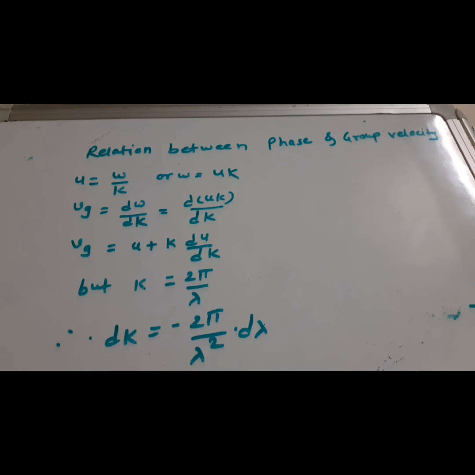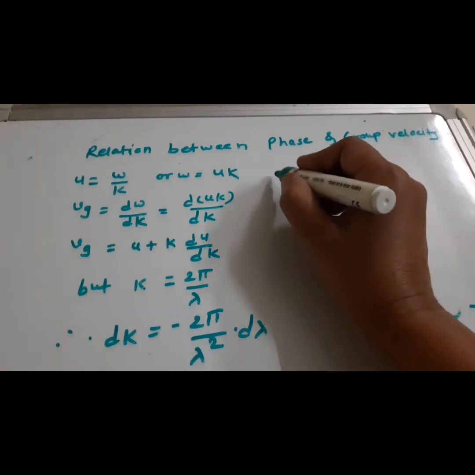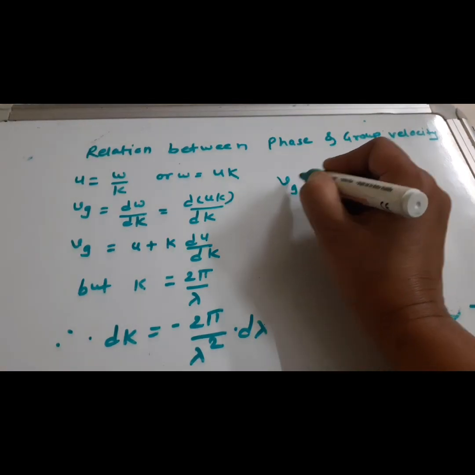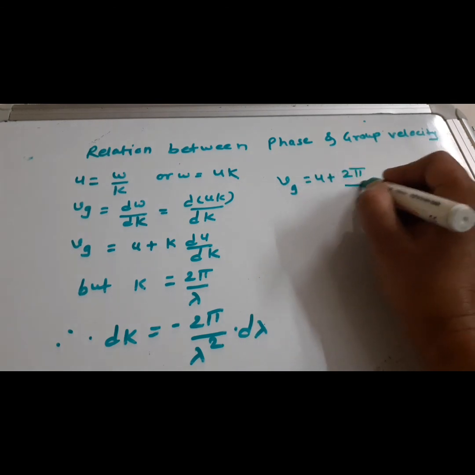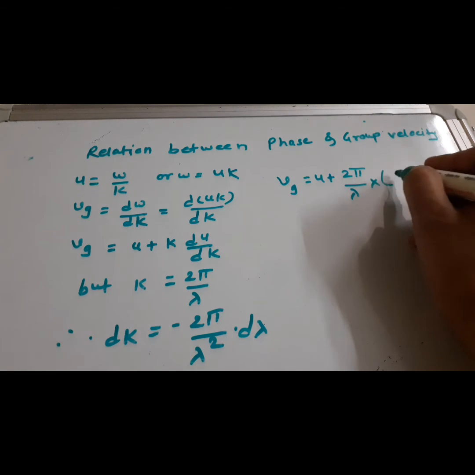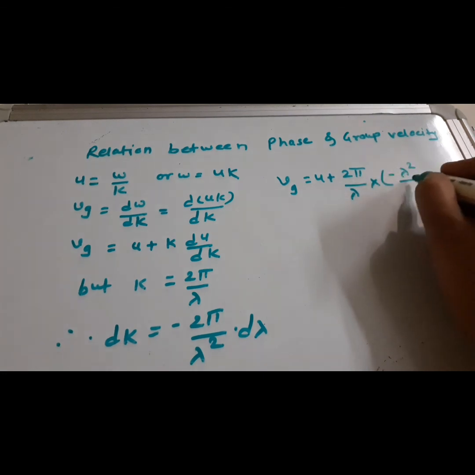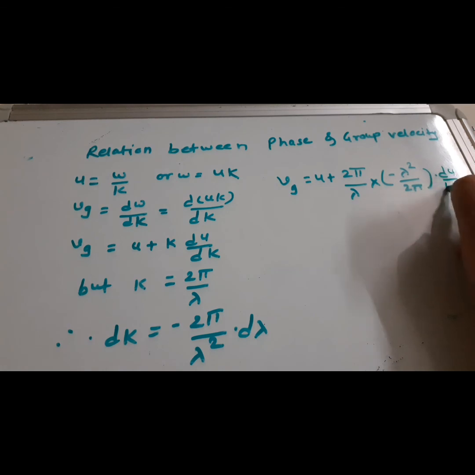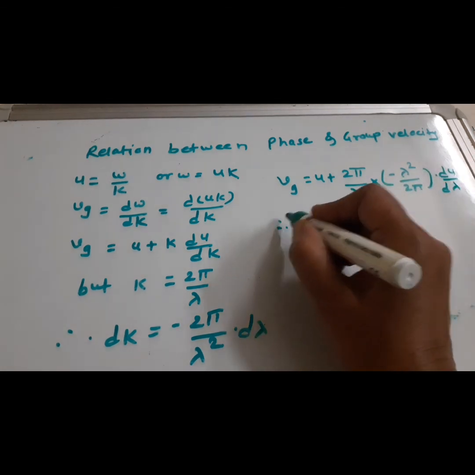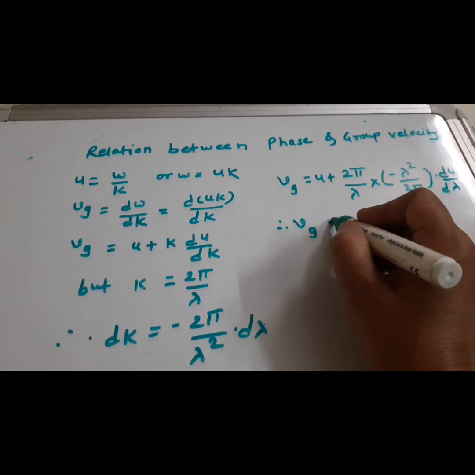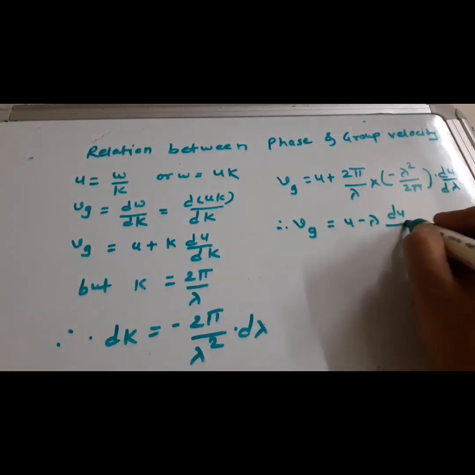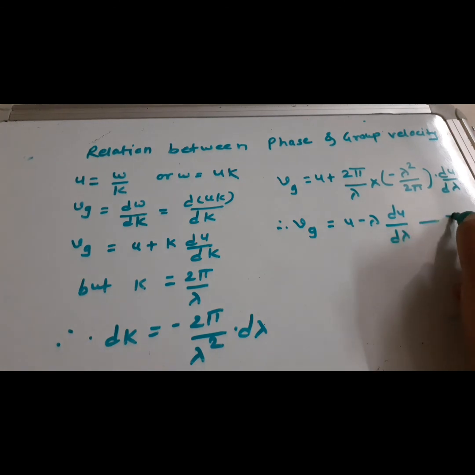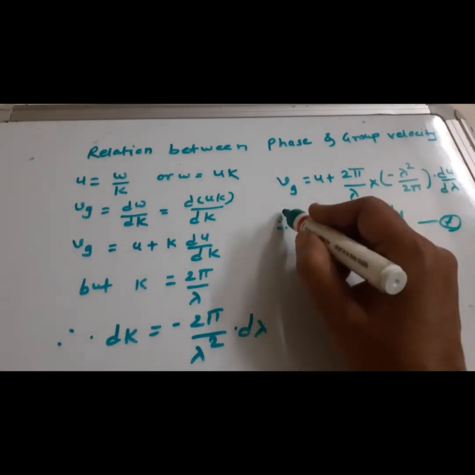Now Vg is equal to u plus 2 pi by lambda into minus lambda square divided by 2 pi into du by d lambda. Therefore, Vg is equal to u minus lambda du by d lambda. This is equation 7.